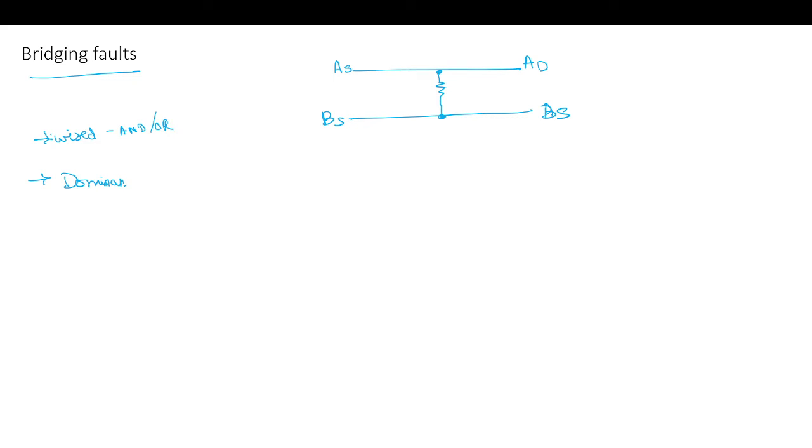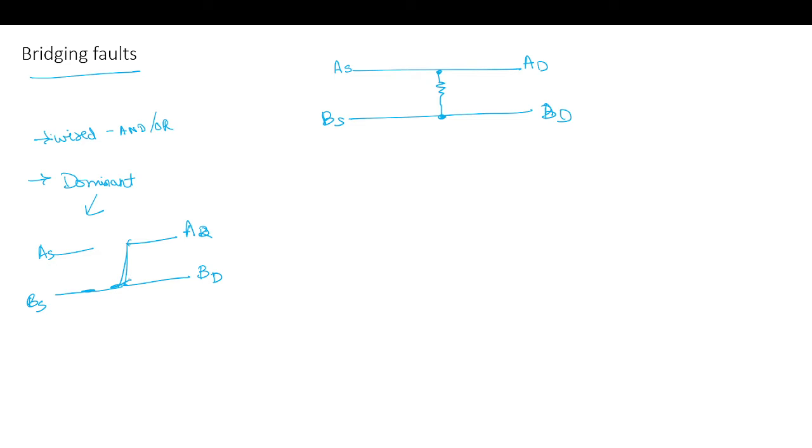That means, say, line B dominates over line A. If B is dominating, it is going to be the input to the A destination as well as the B destination.